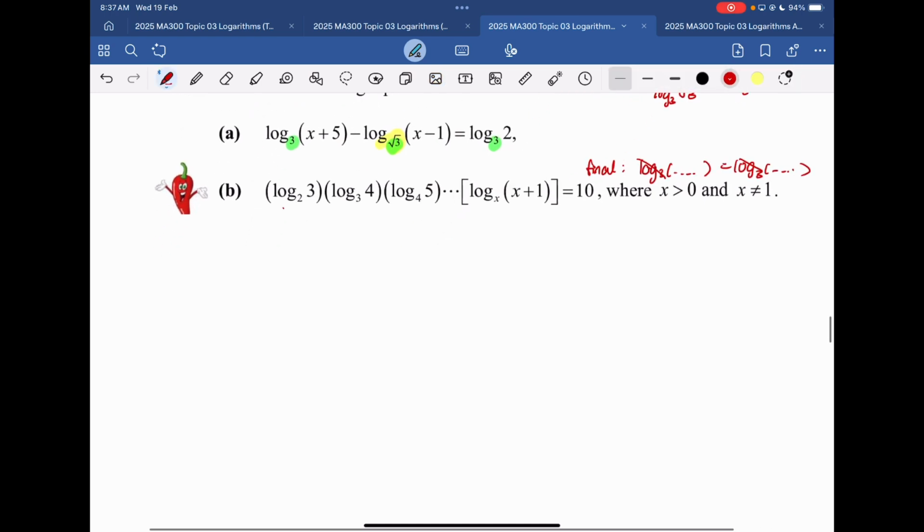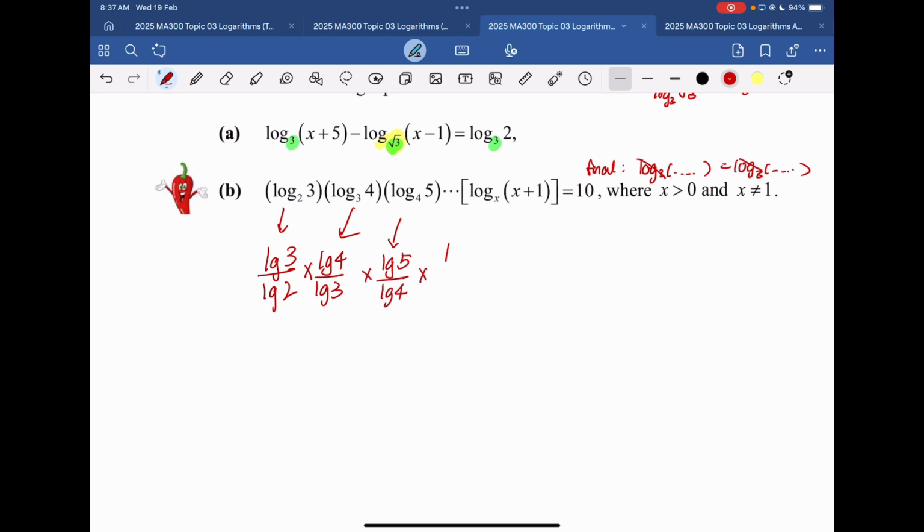Good. So can I say this is the same as lg3 over lg2, and this is lg4 over lg3? Mitra, do you see something? Yes, it cancels out. How do I know when to stop?